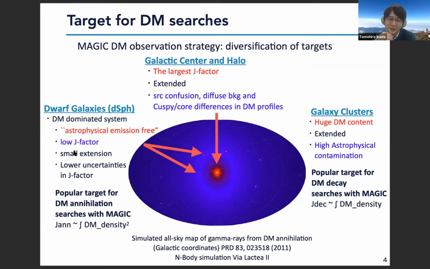That is why the dwarf galaxy is a popular target for dark matter annihilation studies with MAGIC. On the other hand, galaxy clusters have a huge total dark matter content, but are extended, so they are a very popular target for dark matter decay studies with MAGIC.